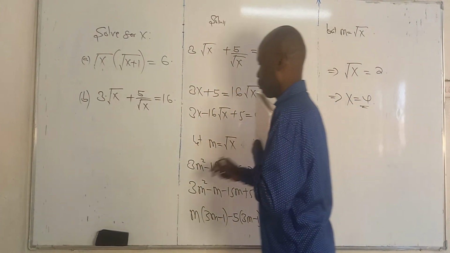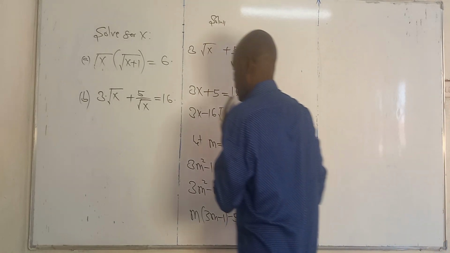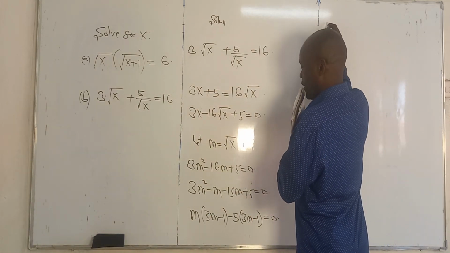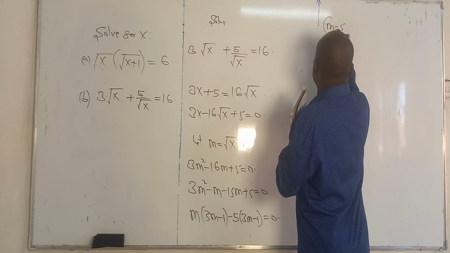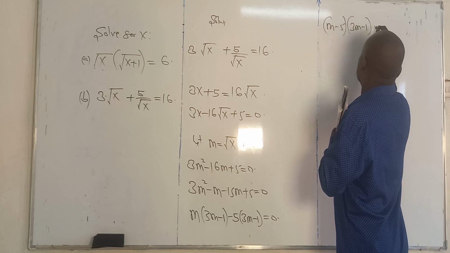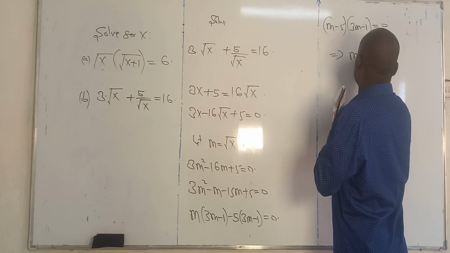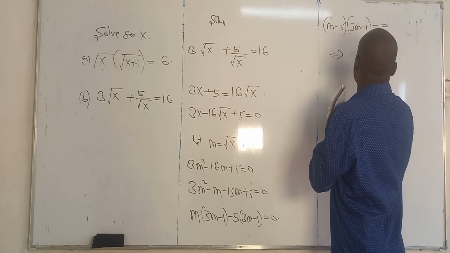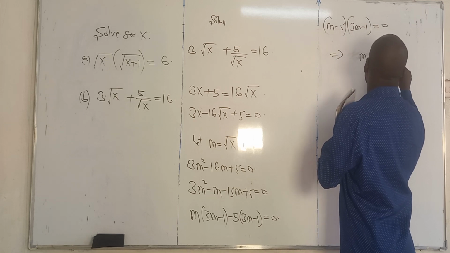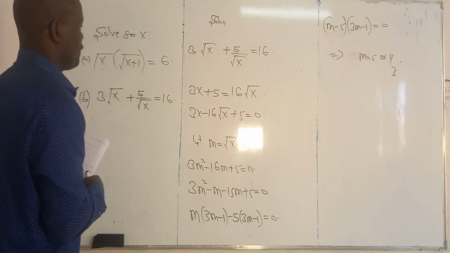That means we have either m minus 5 or 3m minus 1 equal to 0, implying that m is 5 or a third.